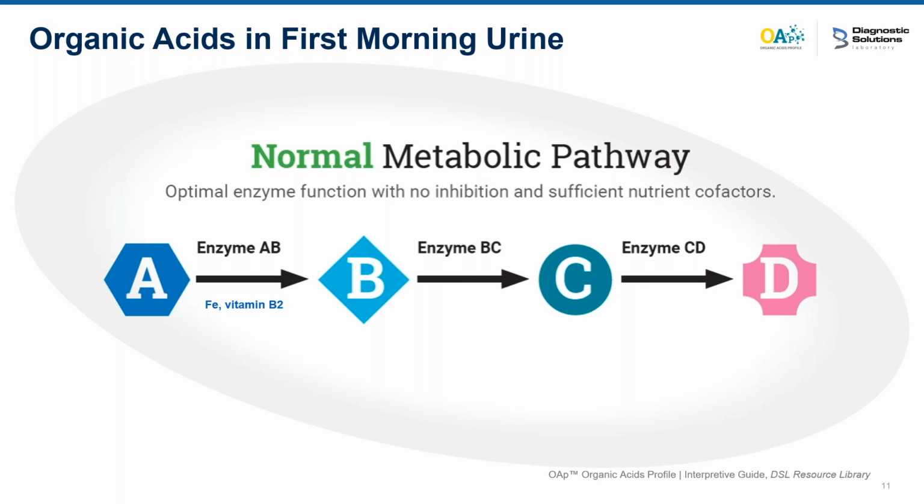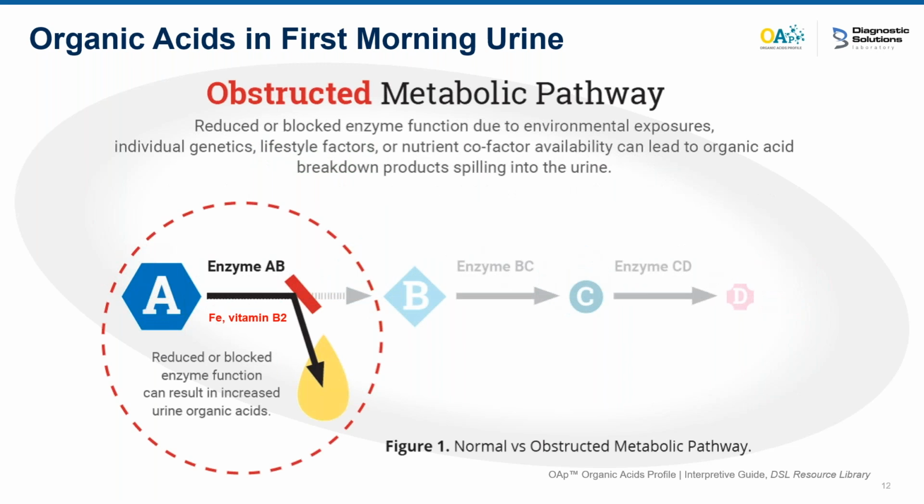So here's a pathway. Organic acid A goes to B, goes to C. In that first step, we have an enzyme AB, and that's the enzyme that helps convert organic acid A to B. Now, this enzyme requires iron and riboflavin in order to do its job. So if it doesn't have enough iron and riboflavin, organic acid A can't move on to organic acid B in the pathway, so it will be blocked.